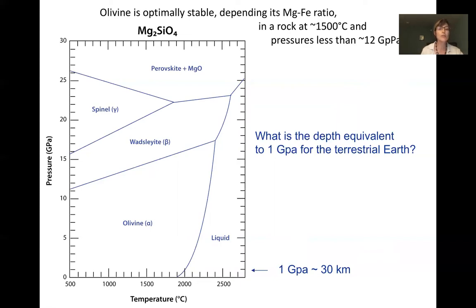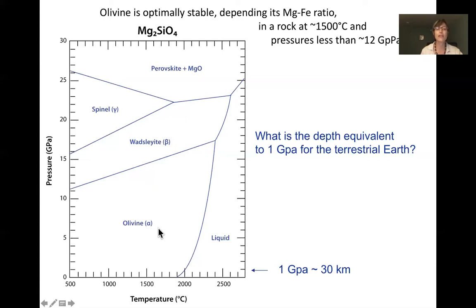And when we look at the results, anywhere we have an area bounded by these phase boundaries, it means that within this area, the stable mineral phase is indicated. So olivine has the alpha olivine structure.